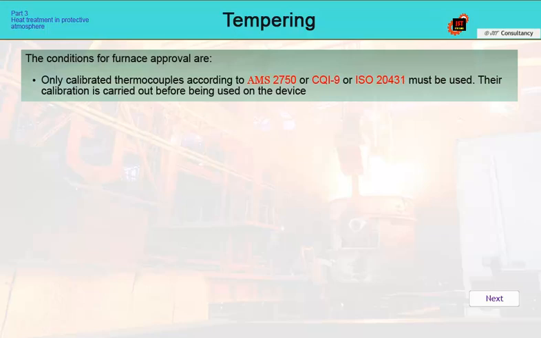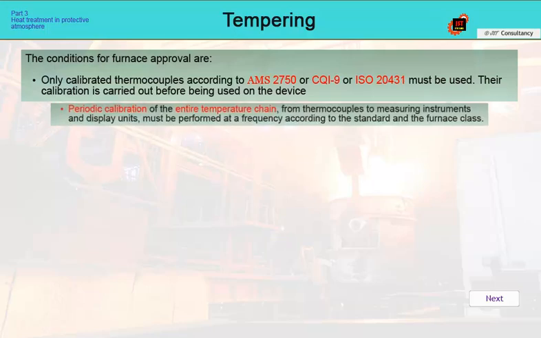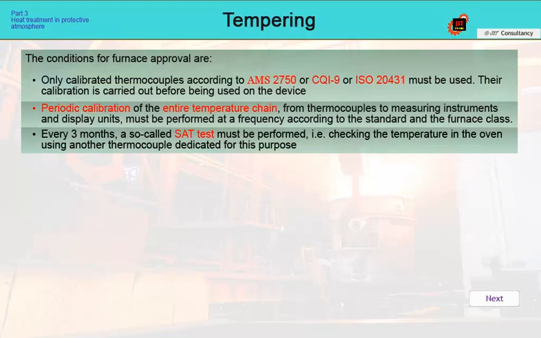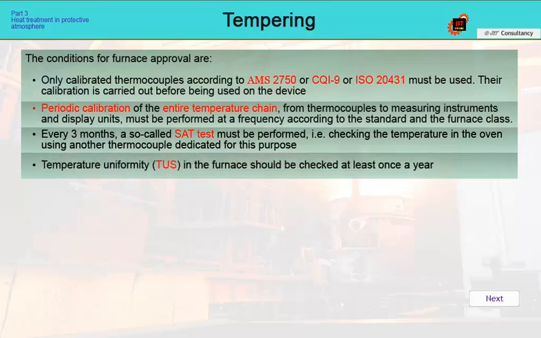The entire temperature chain must be periodically calibrated, which includes a temperature sensor, converter, recorder, controller, and display unit, at a frequency according to the standard and according to the furnace class. The SAT test, system accuracy test, must be performed once every 3 months, checking the temperature in the furnace using another thermocouple set aside for this purpose. The TUS test, temperature uniformity test, should be performed at least once a year.